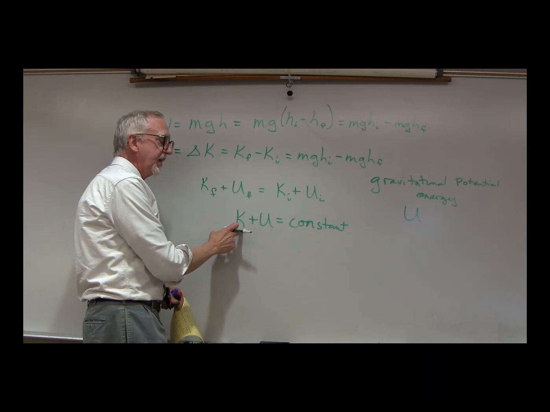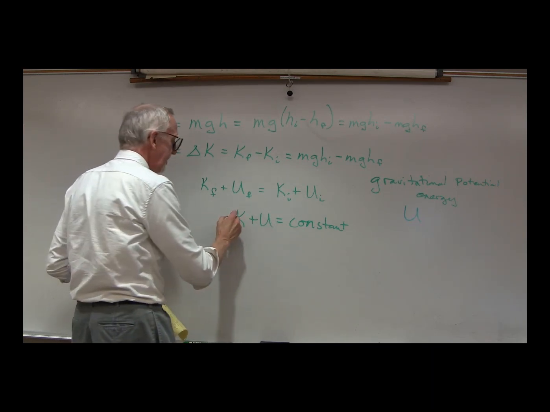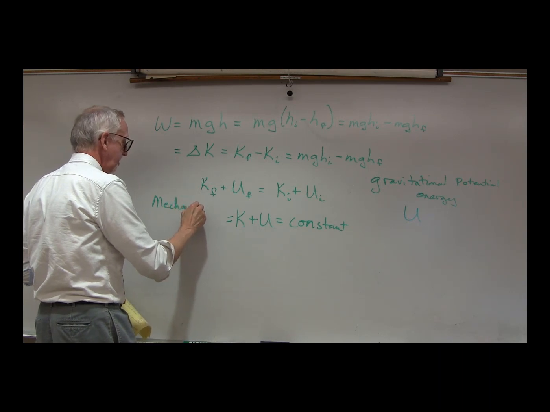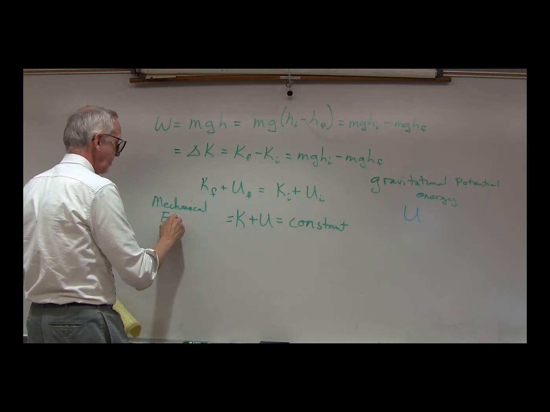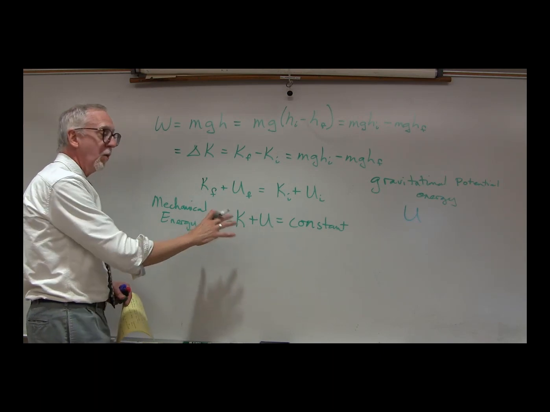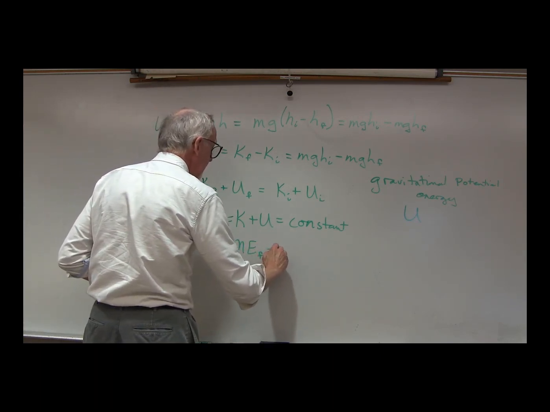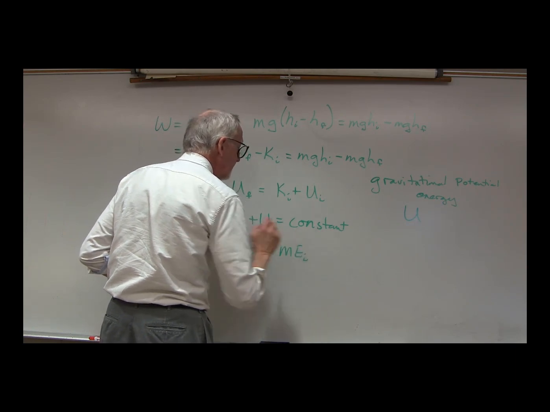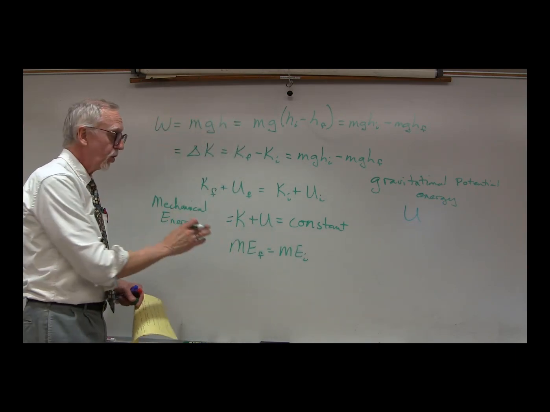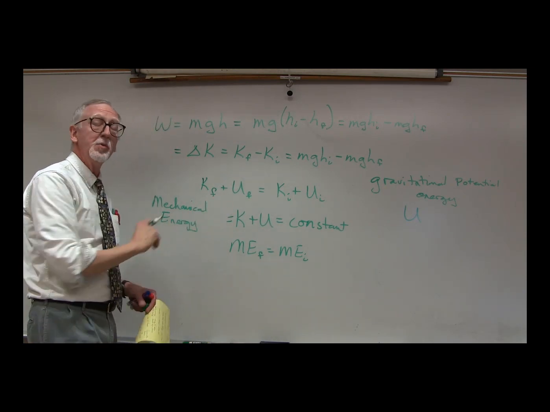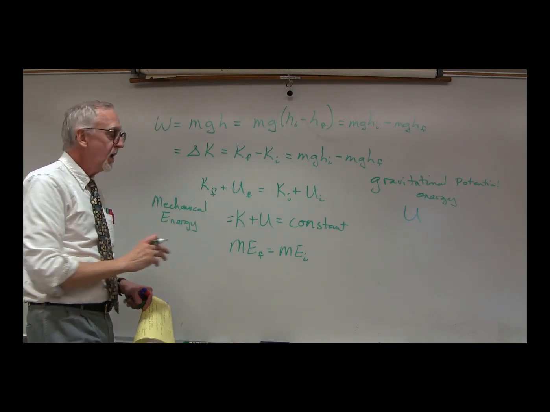The sum of the kinetic plus potential energies is what we call the mechanical energy. And what we see here is that the mechanical energy is the same finally as it is initially. The total mechanical energy finally is the same as it started out. It ends up with the same value it started out.